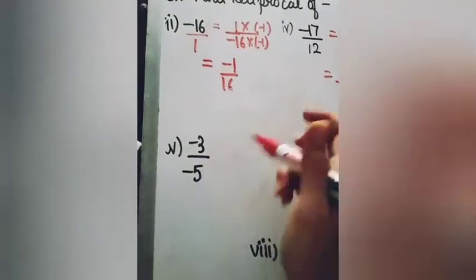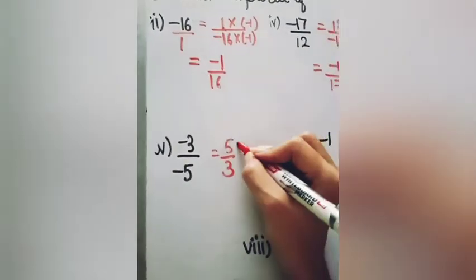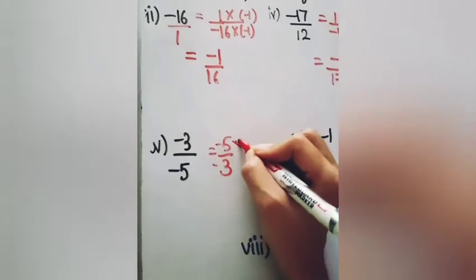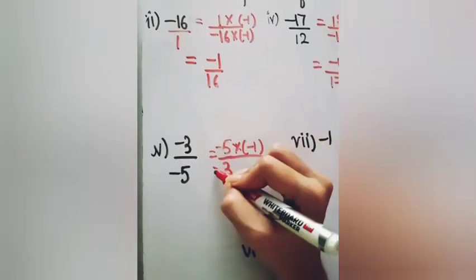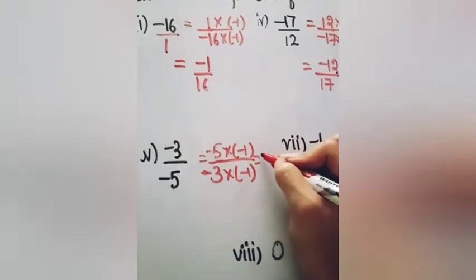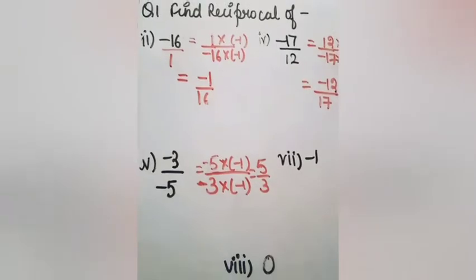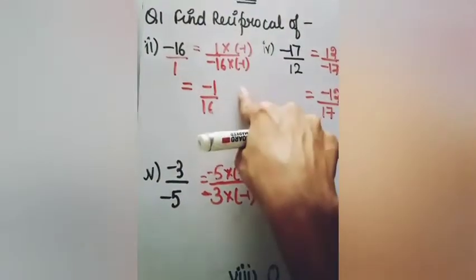What is the reciprocal of minus 3 upon 5? It will be 5 upon 3, minus 5 upon 3. And when the denominator is negative, multiply it by minus 1. So it will be minus 5 upon 3. Or you can simply learn it like this. There is no need to multiply it by minus 1.